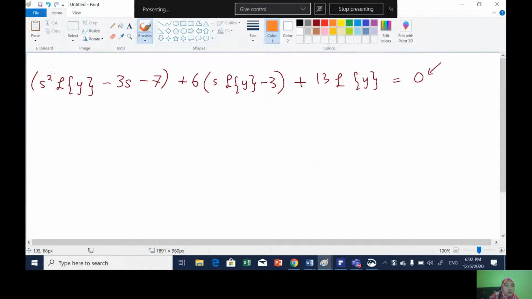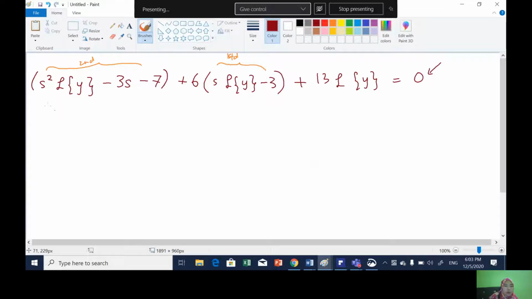So this is for the second derivative. This is for the first derivative, but we simplified by substituting the boundary conditions given in the question just now.